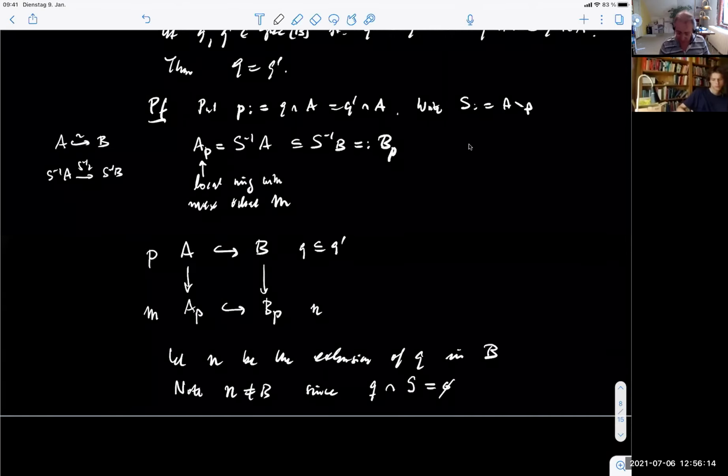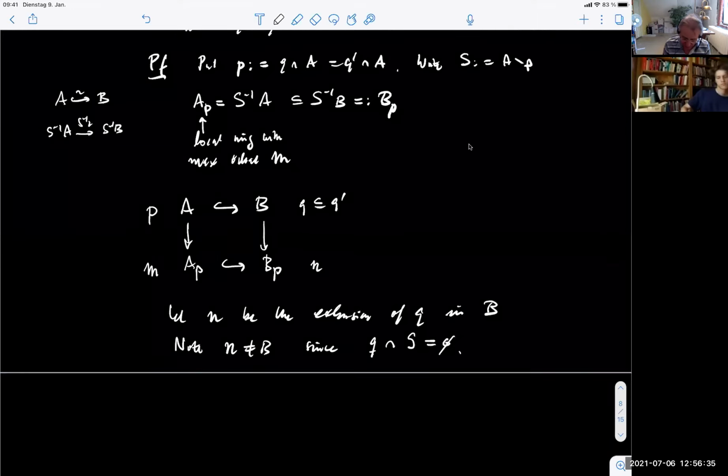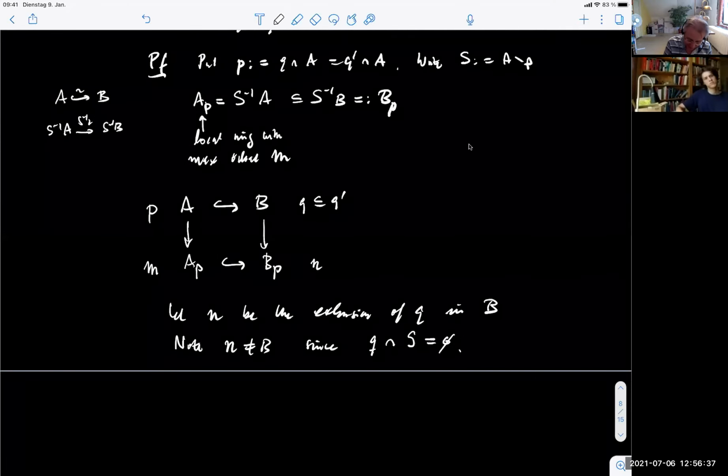Otherwise, if this were wrong, I would have an element of A which is in Q, but then it's in P. But this cannot be because it's in S, outside of P. So this condition makes sure N is a prime ideal. So N is a prime ideal.